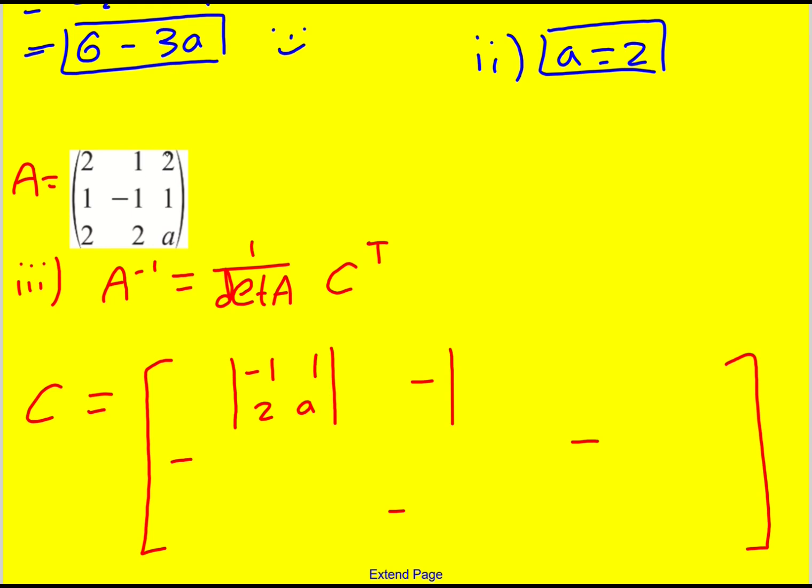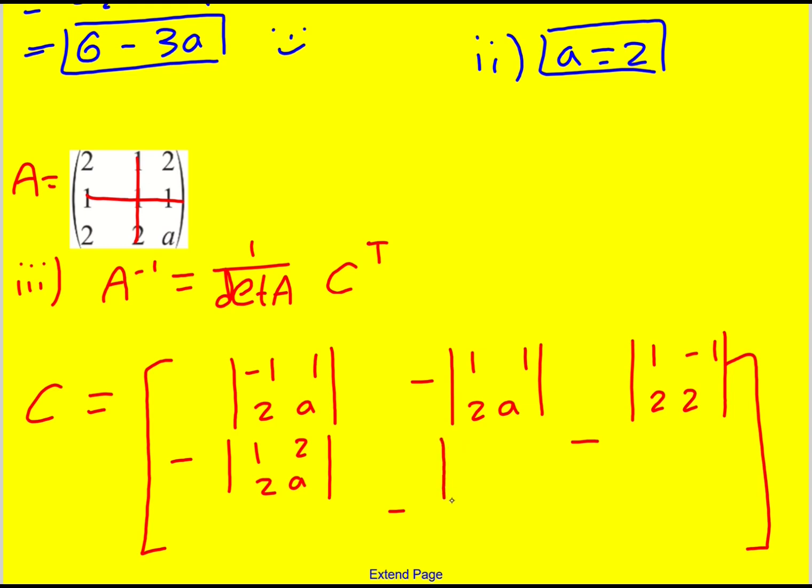So I'm going to get this out. 1, 1, 2a it will be. And for this last one, 1, minus 1, 2, 2. Then 1, 2, 2a. Then I will cross this one out, 2, 2, 2a. Then 2, 1, 2, 2.